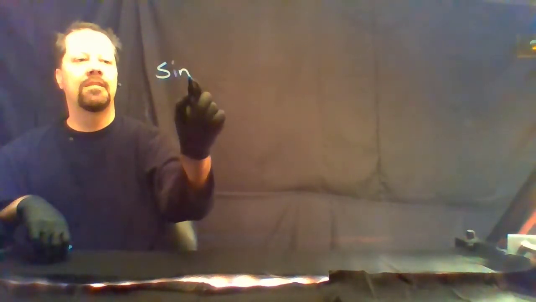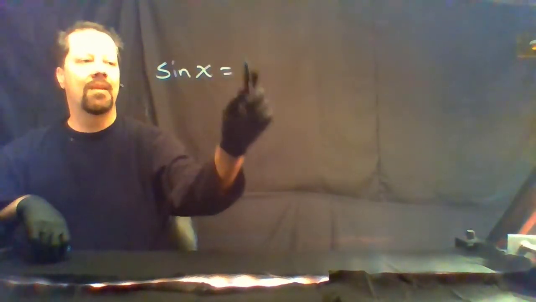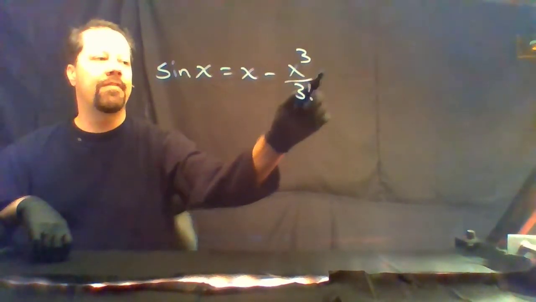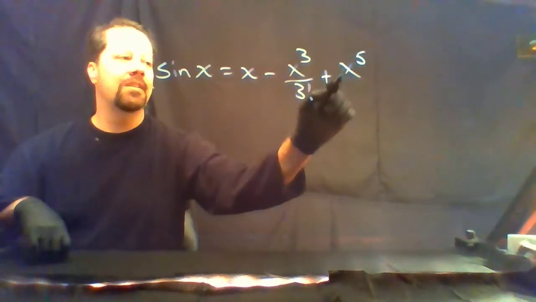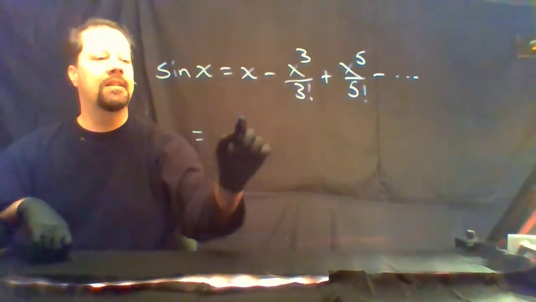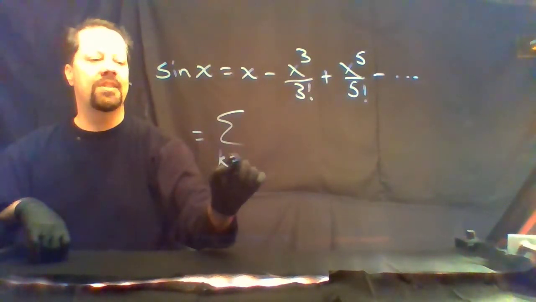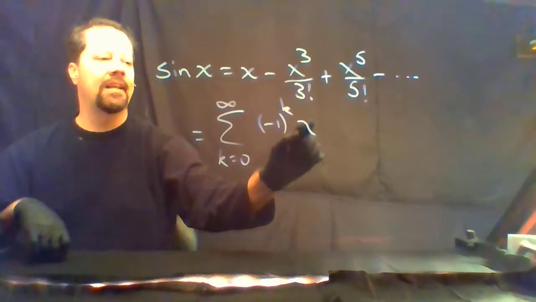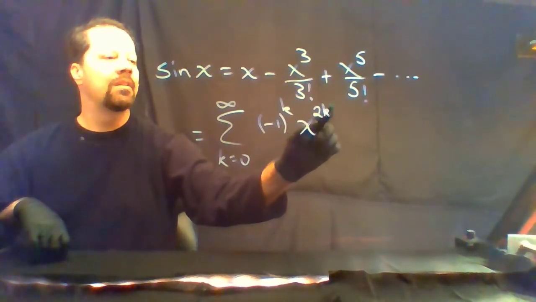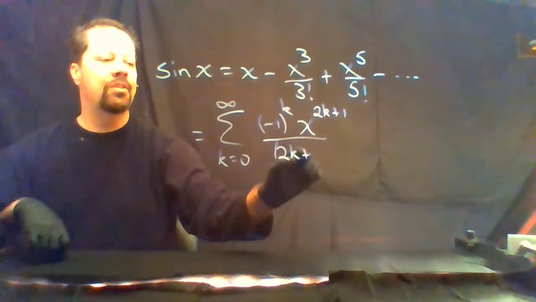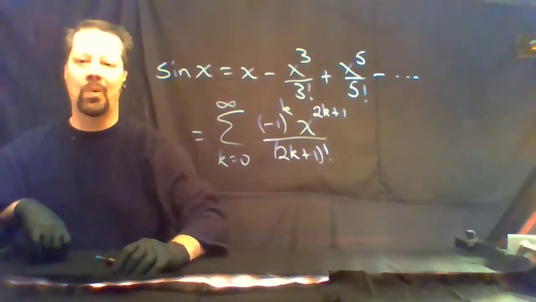You should also remember the Maclaurin series for sine x, which is x minus x cubed over 3 factorial plus x to the 5th over 5 factorial minus and so on. This can be expressed as the sum as k goes from 0 to infinity, negative 1 to the k, x to the 2k plus 1 divided by 2k plus 1 factorial.